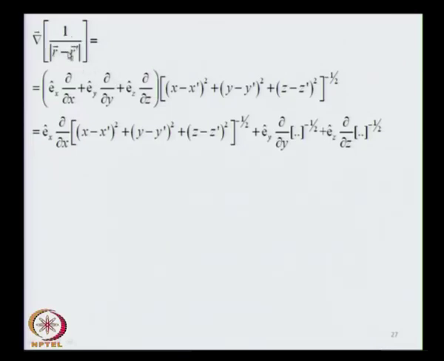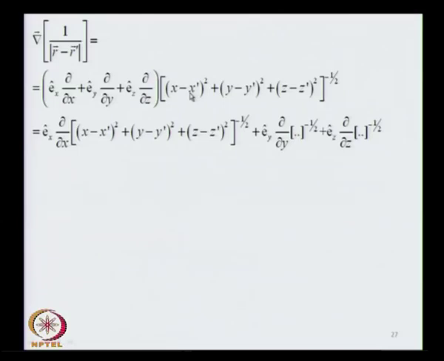This is the 1 over distance. So, I write the expression for the gradient in the Cartesian geometry, in the Cartesian coordinate system, and this is the 1 over distance. This is the operand on which the gradient operator will operate, and this distance is the square root of the distance square, and the distance square is the inner product, or the scalar product, of r minus r prime with itself.